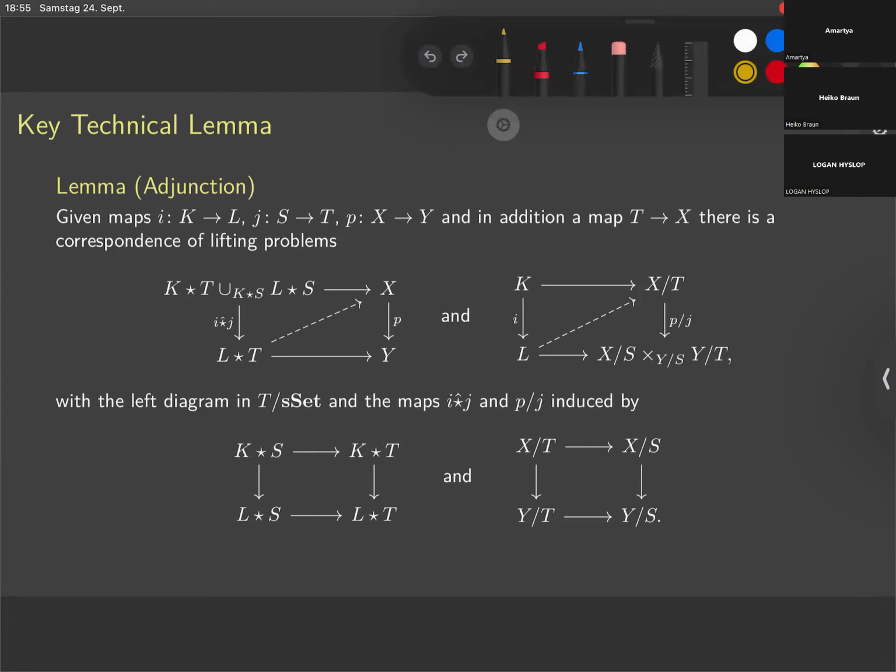Whenever we have maps K to L, think of it as an inclusion, and S to T also an inclusion, and some X to Y. Now this is usually a fibration, something like that. And then we have a correspondence in presence of this T to X, but this is just for the structure.